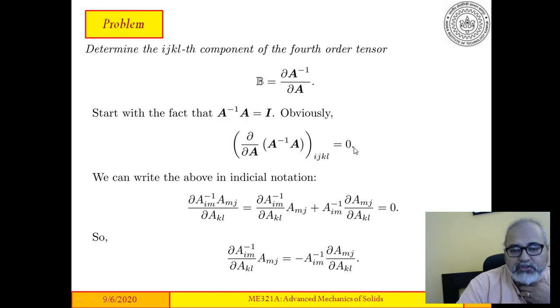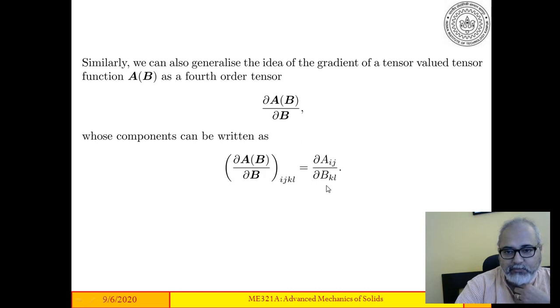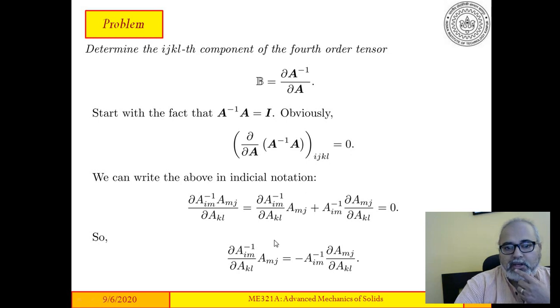Now I will use the indicial notation to write it, and I will use what I learned in the previous slide. This is what we have learned, and I'm going to use this to derive the components of this. Let's see how we can go about doing this.